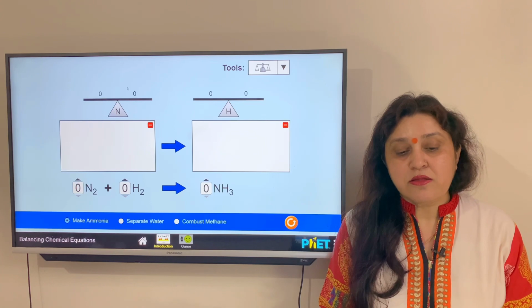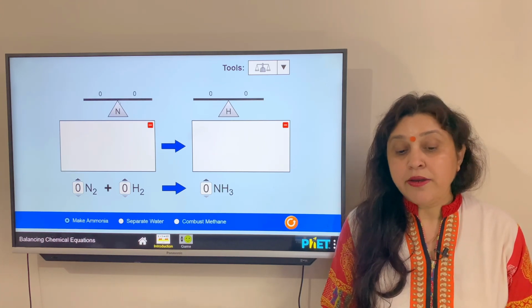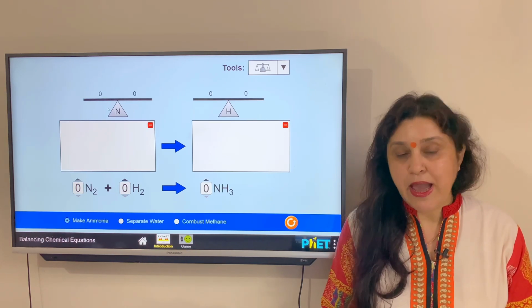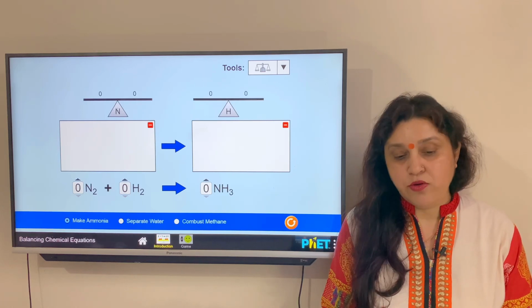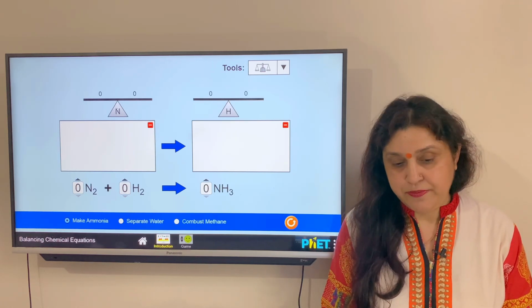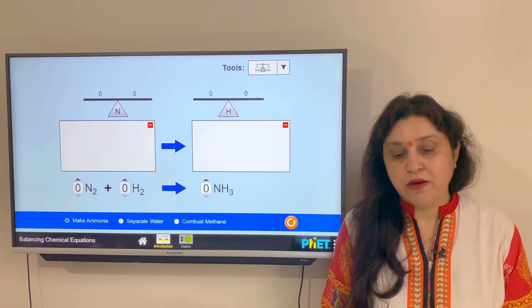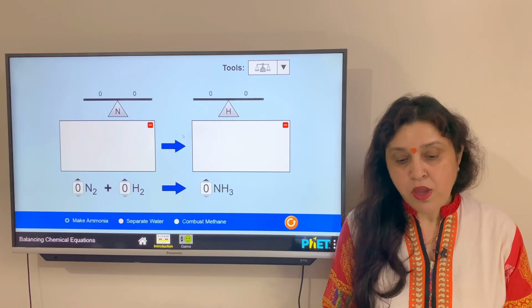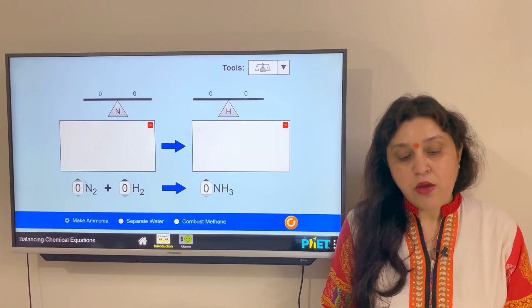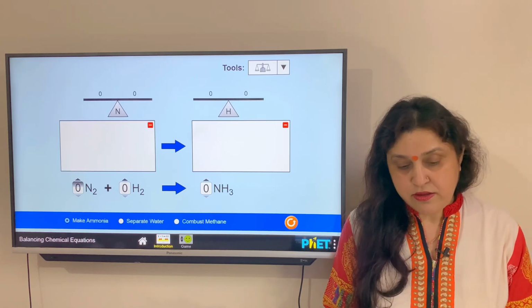This balance, which is on the left hand side, shows the number of nitrogen atoms on the reactant side and the number of nitrogen atoms on the product side, and this balance shows the number of hydrogen atoms on the reactant side and on the product side. And with the help of these arrows, we can increase or decrease the number of molecules. Let's start.